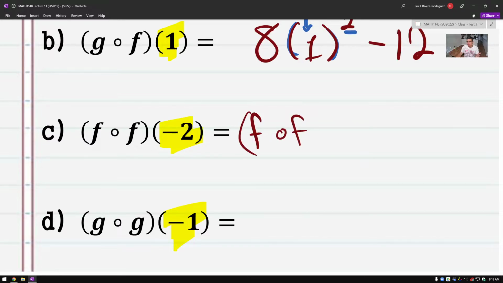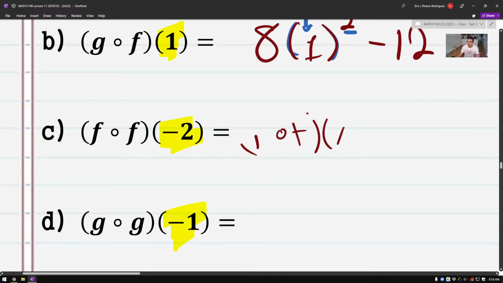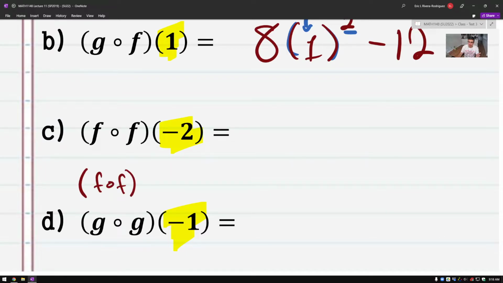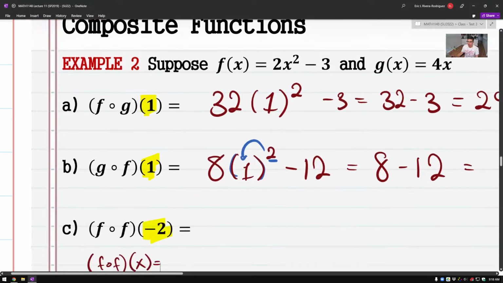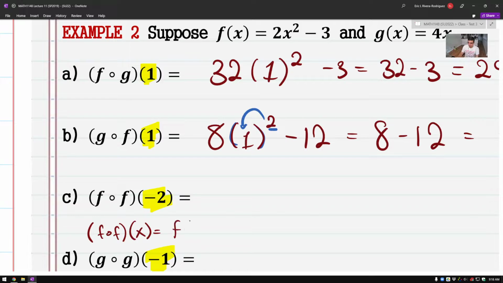Did you try it? The first thing that I would like to do is to create the function. And then we have f of x.